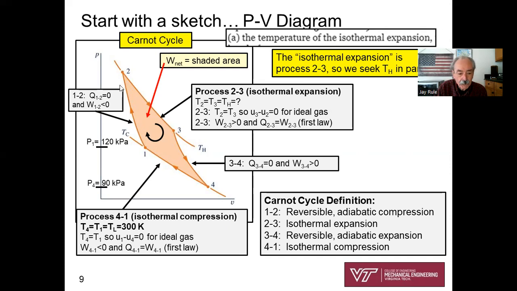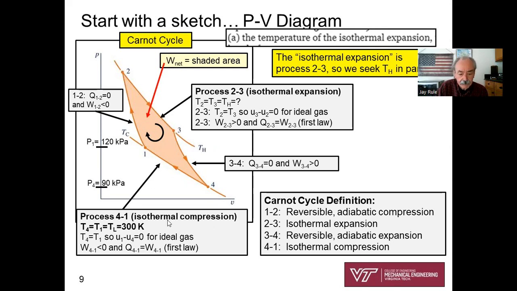The isothermal expansion is process 2 to 3. Notice in the sketch from your book, here's TH. Isothermal, that's a constant temperature line. It's not a straight line, it's a curved line, but look, it's labeled TH. So this is the temperature we're seeking, TH.